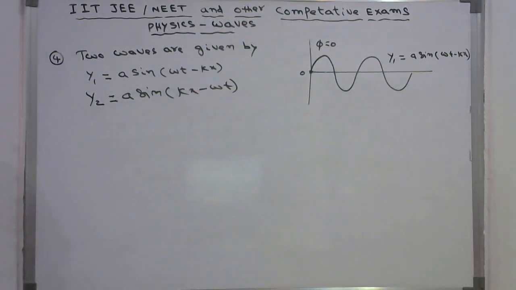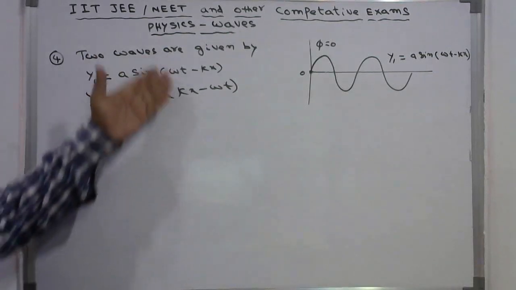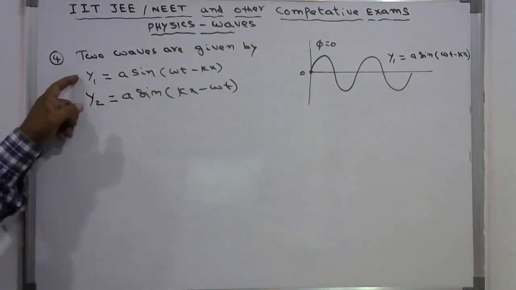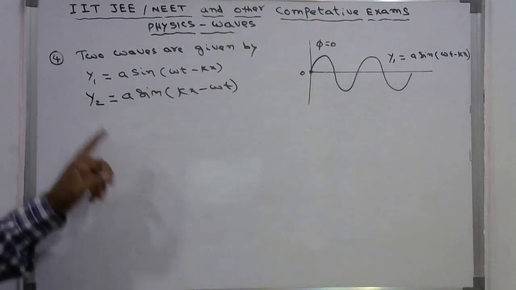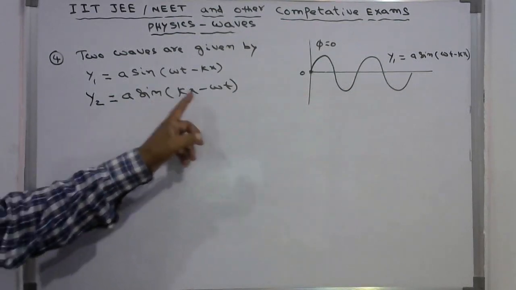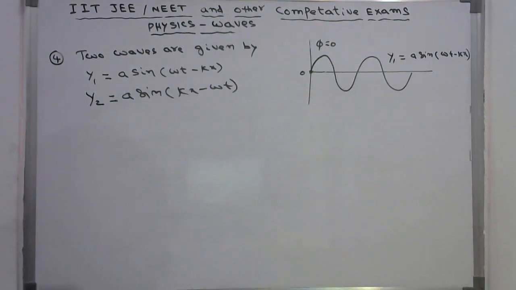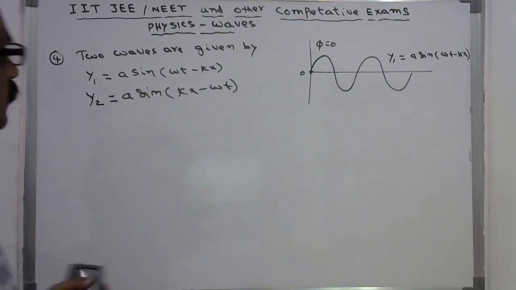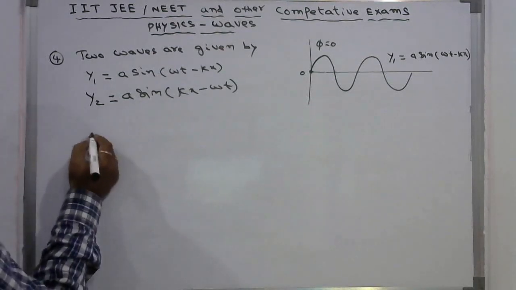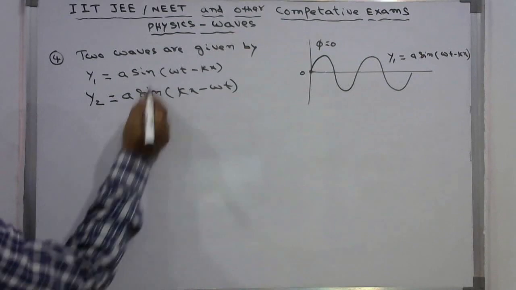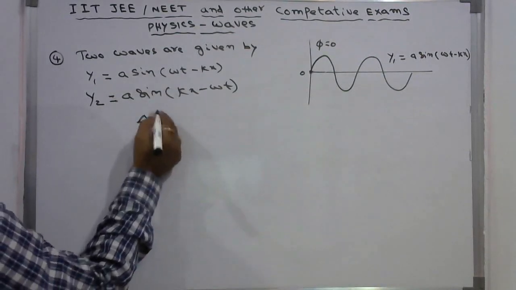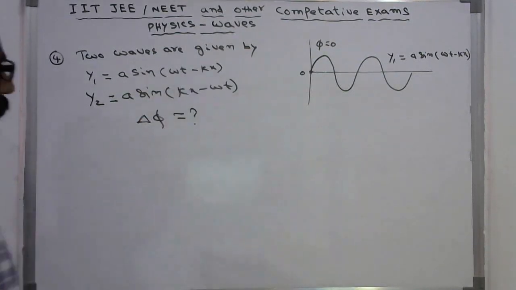So what is the difference between these two? y1 is equal to a sin(omega t minus kx), y2 is equal to a sin(kx minus omega t). So in general any equation can be used. So what is the difference of phase between these two waves?